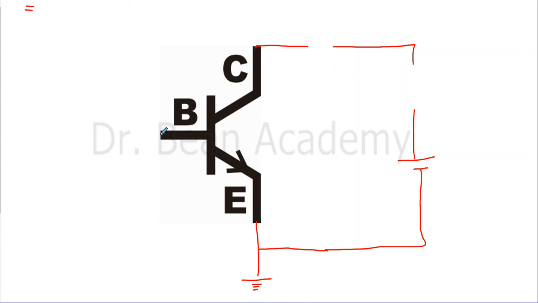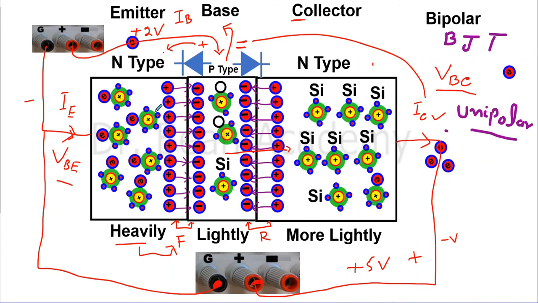So once again I will take the base, and then I will show you why I'm leaving these blanks. Once again let me see the real image: this base is connected to the positive terminal of the power supply in this situation.